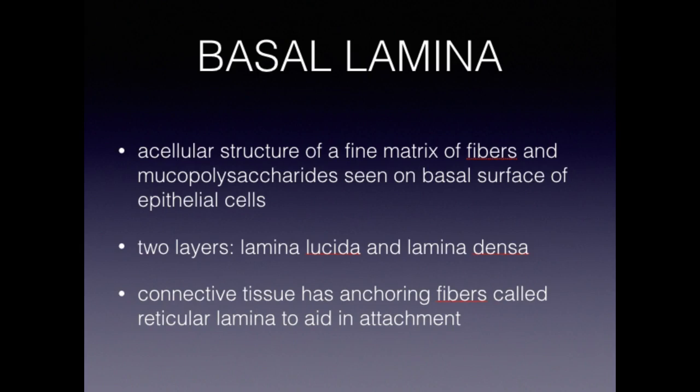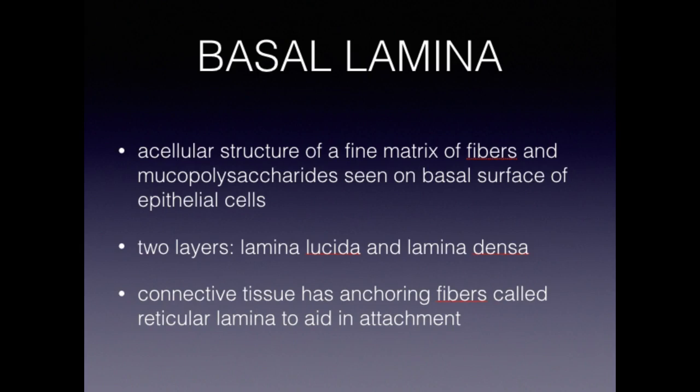So we see this as an acellular structure, meaning there is no cellular structure to it. It is a fine matrix of fibers and mucopolysaccharides that they believe is a secretion from the epithelial cell.